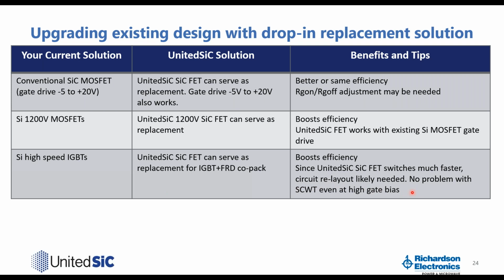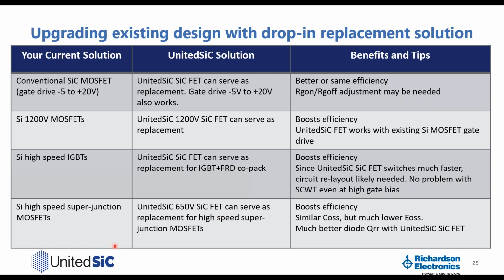And again, it will boost your efficiency. And since the UnitedSiC FET switches much faster, it depends on your current circuit layout, so you might need to re-layout your circuit to reduce the parasitics. But worth pointing out is there will be no problem with short circuit capability, even if you're using a high gate bias.